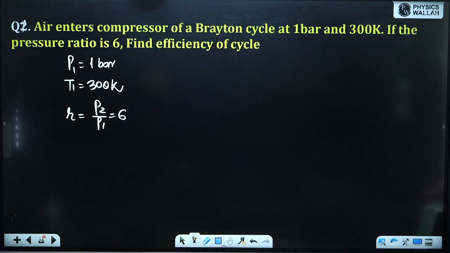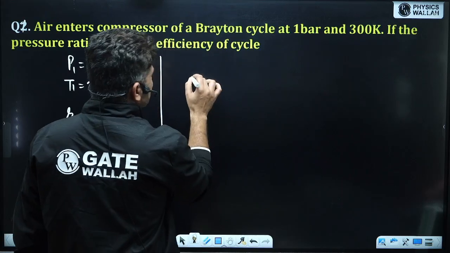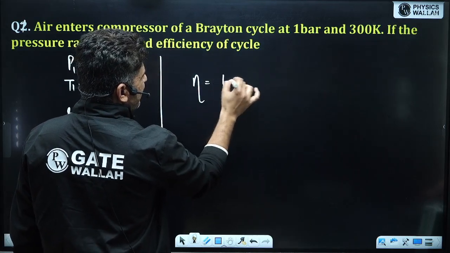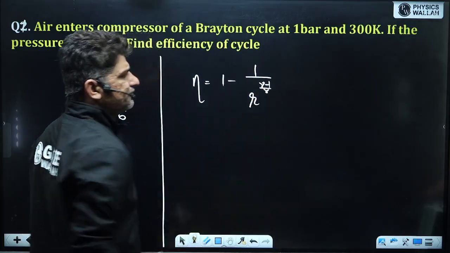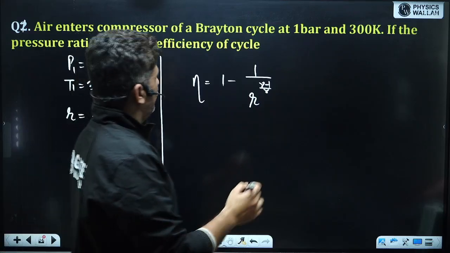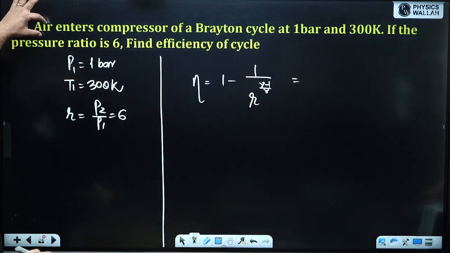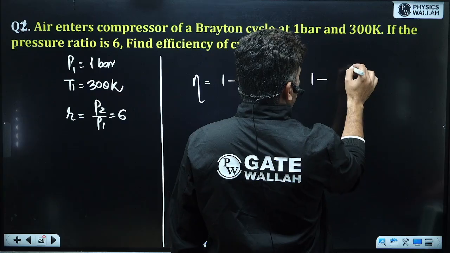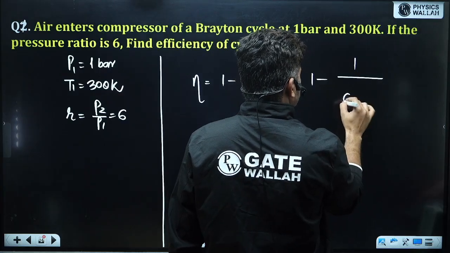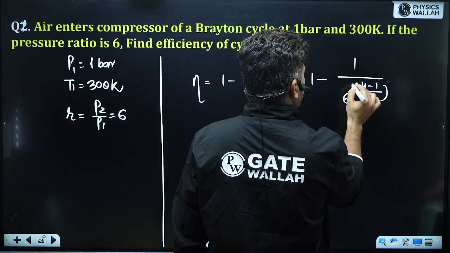So efficiency of the cycle, we have already seen that it depends only on the pressure ratio. So efficiency is 1 minus 1 over r to the power (gamma minus 1) over gamma. He has already given you air, air enters the compressor, so for air gamma is 1.4. So 6 to the power (1.4 minus 1) divided by 1.4.